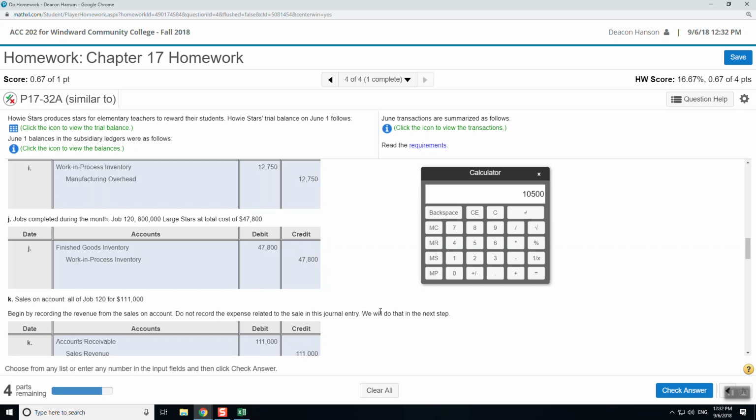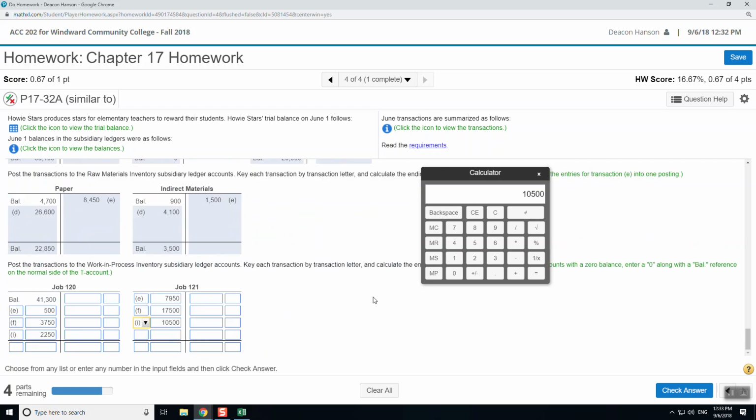So 47,800. So job 120, 47,800. And that was J. So I'm kind of in a situation where I can take a balance. And job 120 should come out to 0 because it got finished. It got moved out of work in process into finished goods. If you just rely on yourself that way and you're pretty confident, you could probably just put 0 in there.